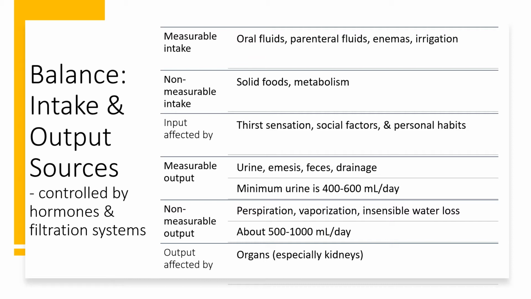So of course, if someone is exercising more, that perspiration may be up towards the higher end or more. Whereas if they're not, then we might be more towards the 500 area. And again, output is mostly affected by the kidneys, but there are other organs that are involved.